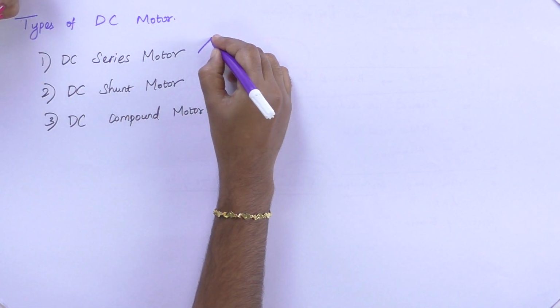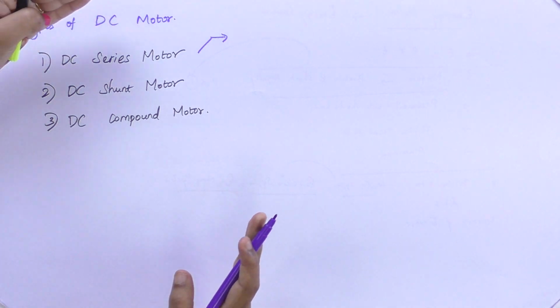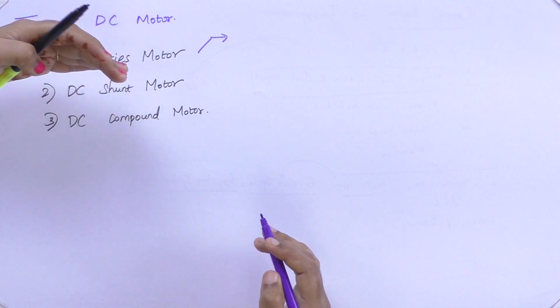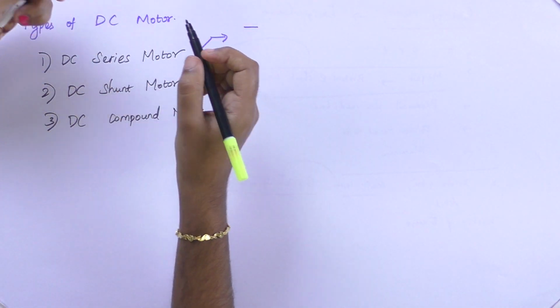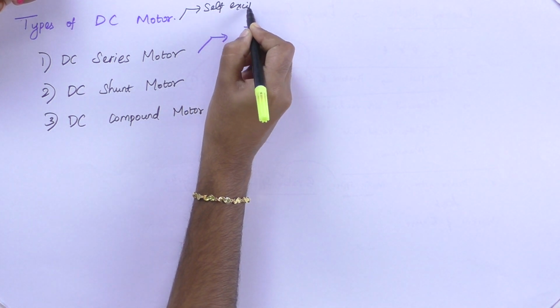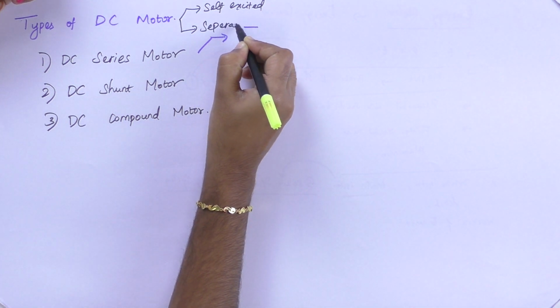See, in DC series motor, shunt motor and compound motor, the construction is based on how its field winding is wound on it. So there will be two major types: self-excited and separately excited.